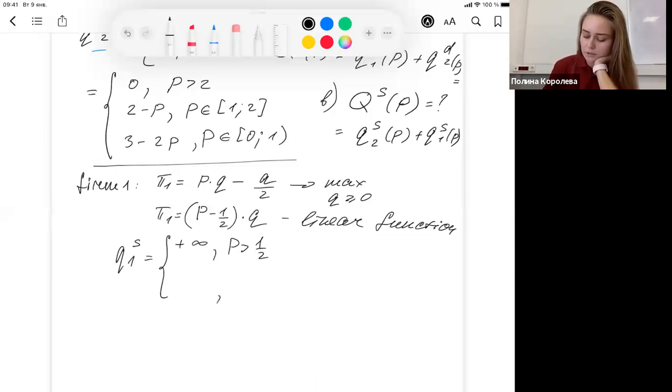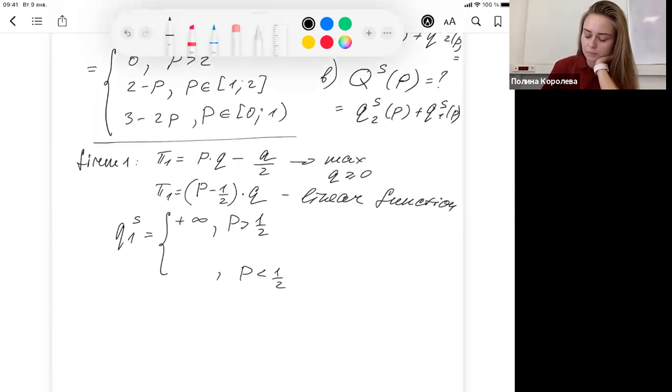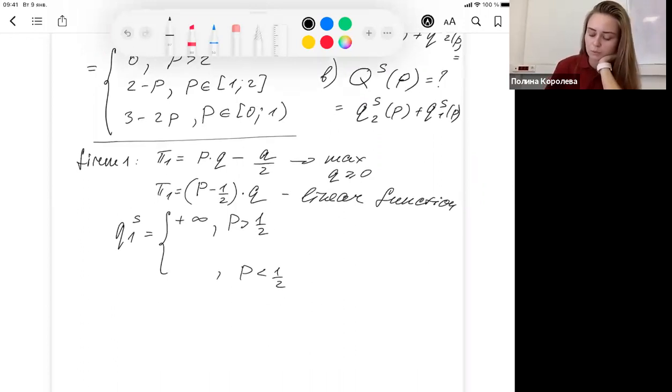Then let's do here. If price less than 1/2, we see that we will have negative slope of profit function. And what we should do, how much we will produce, the more we produce, the lower our profit. Yes. So we will not produce, we will produce 0. We do not want a lower profit.